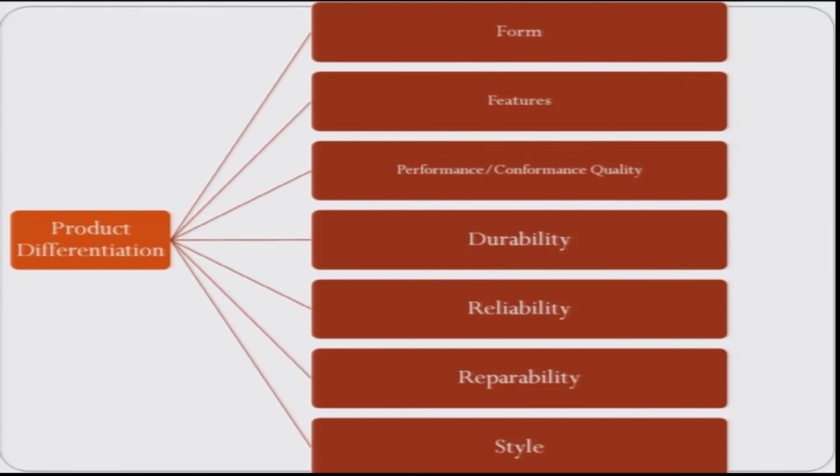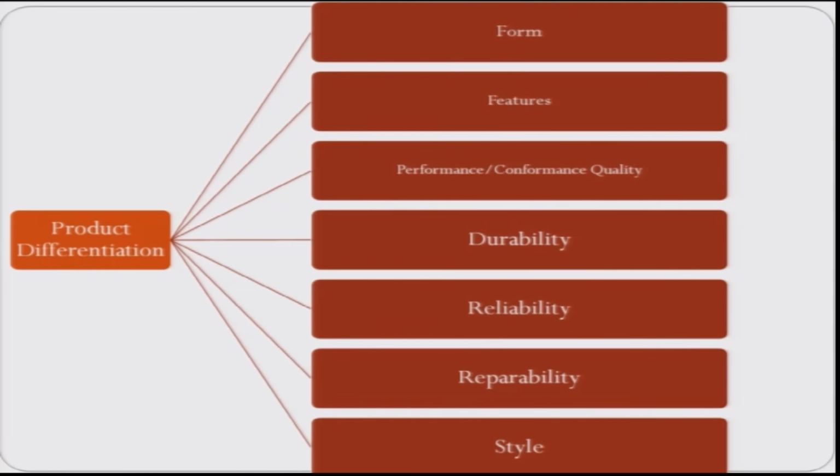Then the other basis of product differentiation could be features. Any product will have certain features, and you can add certain features to differentiate a product, or enhance the existing level of the features in a product to differentiate it. Then you have performance and conformance quality.